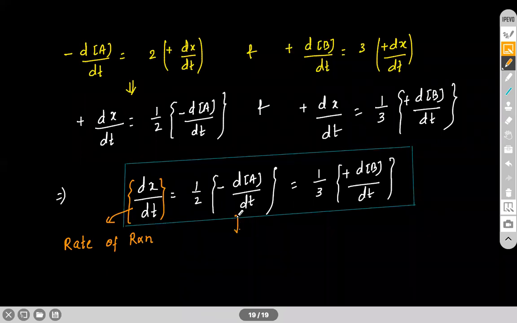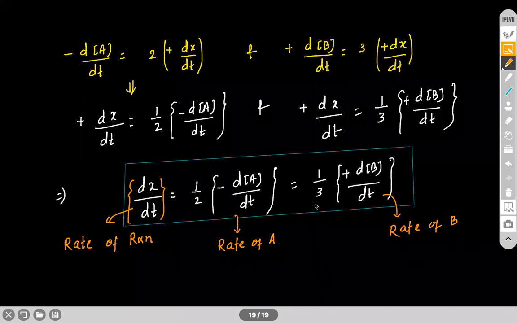This negative thing in the bracket is the rate of A, the reactant. This expression in the bracket is the rate of B, the product. Yes, it is a stoichiometric coefficient here. This is the stoichiometric coefficient 2 and 3.